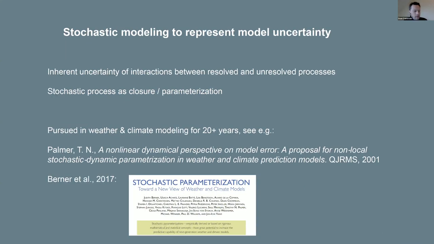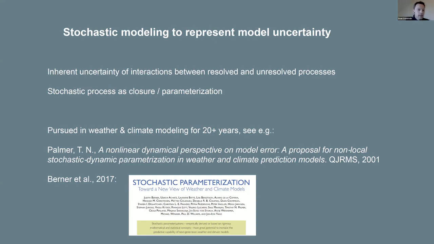Now, a rather different line of thinking is to explore or represent model uncertainties by stochastic modeling. There's inherent uncertainty in how resolved and unresolved processes interact with each other, and that is something you can try to represent with a stochastic process, in principle a time-correlated stochastic process.